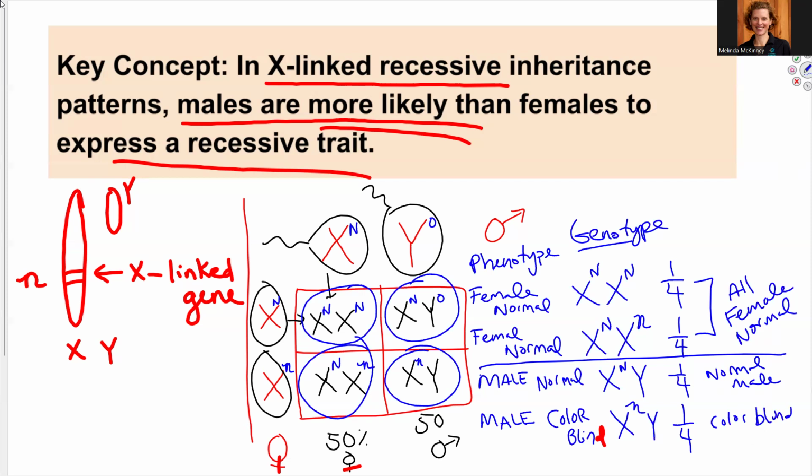All right, so all of this is just to show that males are much more likely to express a recessive trait. So here the male is 1/4, whereas all of the females are normal vision. So the males are much more likely to express the recessive trait.